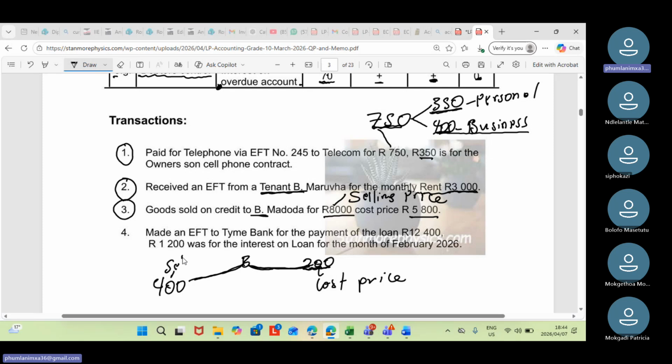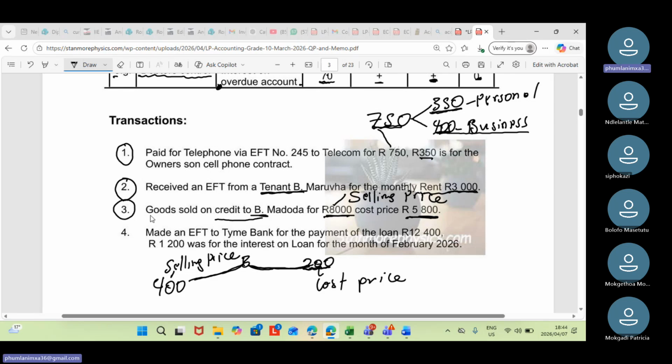The 400 is the selling price. Remember, you want to make profit as well. So whenever we have any sale, you must know that you have the cost price and the selling price. Goods sold on credit to B Madoda for 8,000, the selling price, and the cost price for those goods was 5,800.